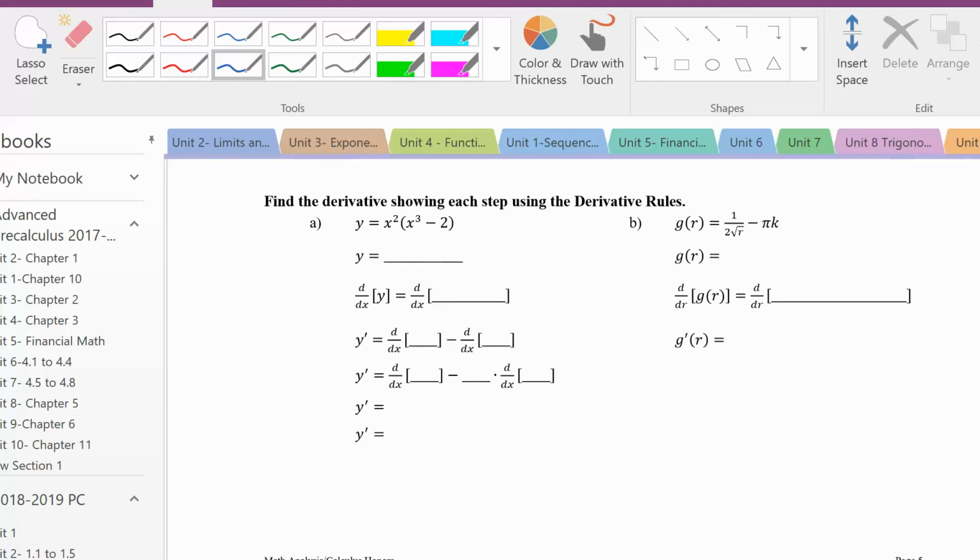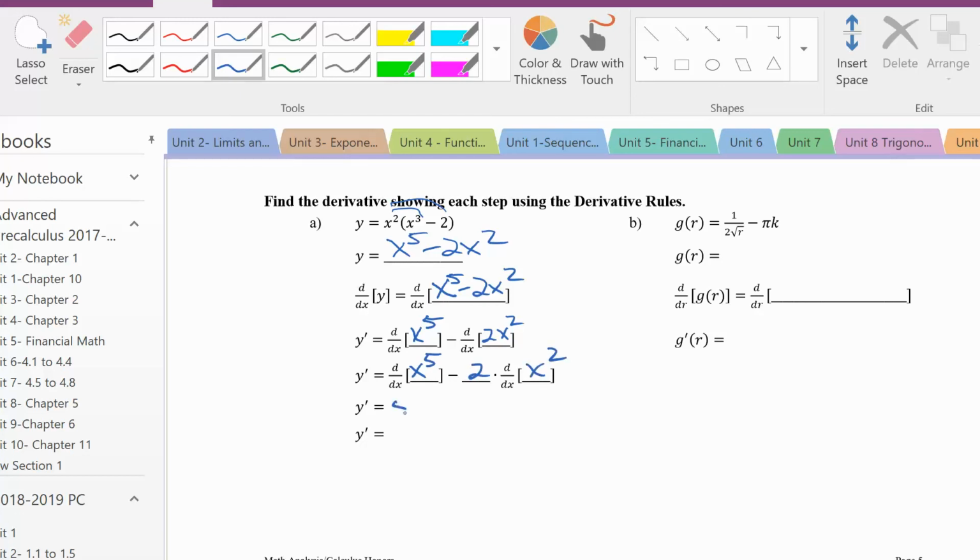So first of all here, if it's multiplication but you can distribute, I would do that. So I'd make it x to the fifth minus 2x squared, which means it's the derivative of x to the fifth minus 2x squared. So it's the derivative of x to the fifth minus the derivative of 2x squared. So then it's the derivative of x to the fifth minus 2 times the derivative of x squared.